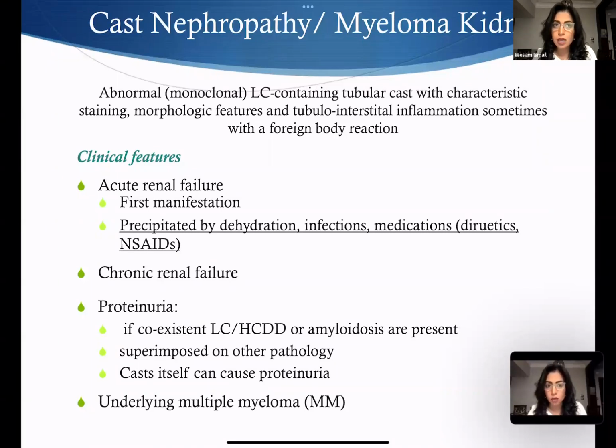But cast nephropathy per se will not cause albuminuria, let me put it this way, because these are also very proteinaceous casts, and patients can present with a degree of proteinuria. Sometimes I have seen patients with heavy proteinuria who only had the light chain casts, but no albuminuria. And of course, all of you know the discrepancy in these patients between the albumin and the protein. In cast nephropathy, in more than 95% of patients, there is an underlying multiple myeloma.